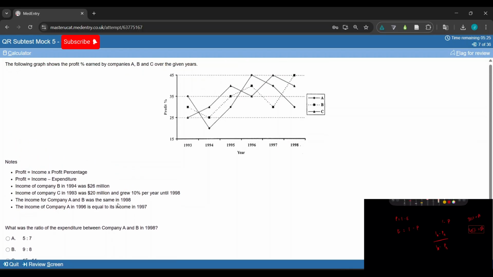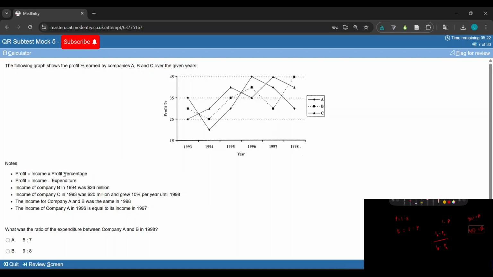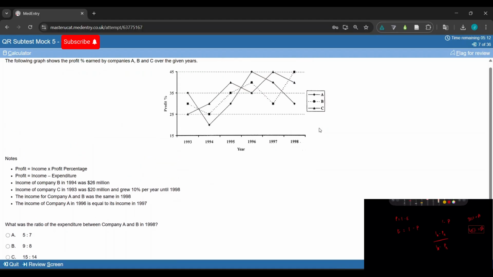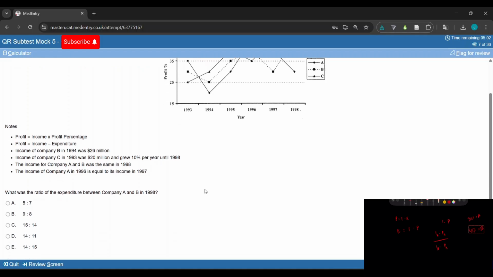So we're basically saying that B makes 45%, so B makes 1.5 times as much profit overall. So the expenditure of A must be higher.